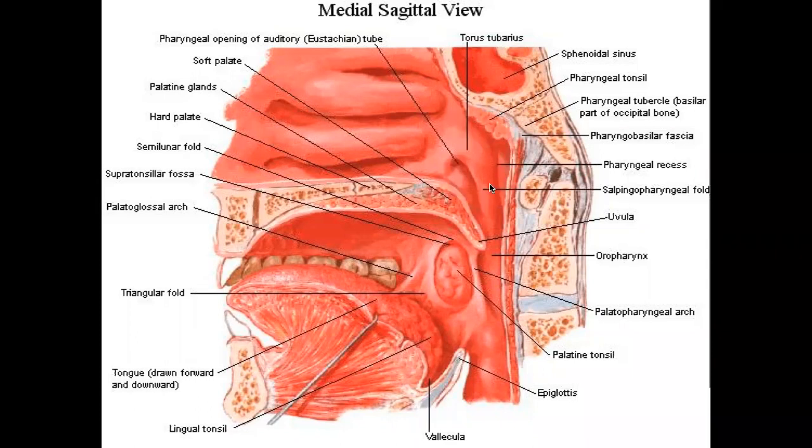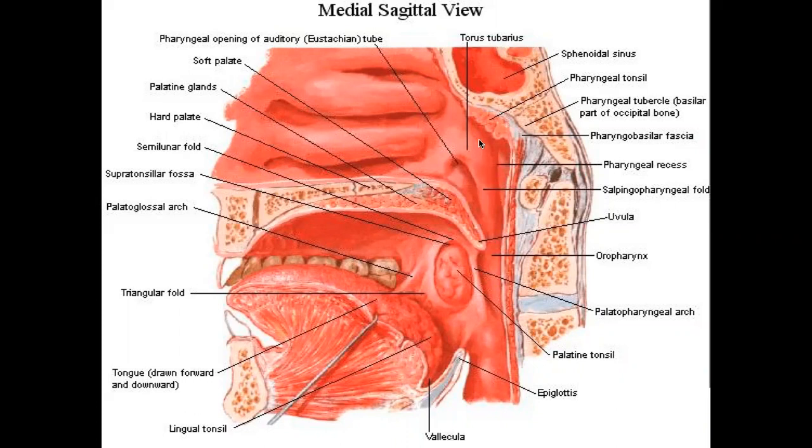Once again, we will revise the features of the nasopharynx. We see the auditory tube. This is the cartilaginous part of the auditory tube extending into the nasopharynx, which connects the nasopharyngeal cavity with the auditory tube. Then there is a tubal elevation. The tubal elevation continues downwards as a fold of mucous membrane, which is called the salpingopharyngeal fold.